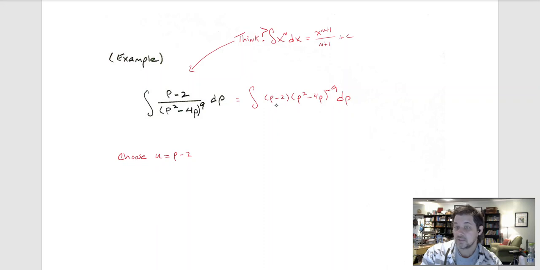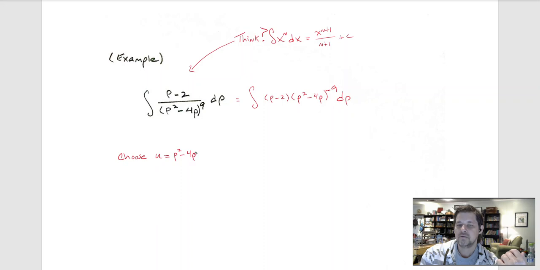Maybe this thing is the thing that gets chosen to be substituted, okay? But you might think about it like this. If this is going to reduce down to where that rule is applicable, it might make the most sense that the thing that has the power is what you choose for your substitution, okay? Now, that's not a written-in-stone rule, but it's one that'll work most of the time for us, okay?